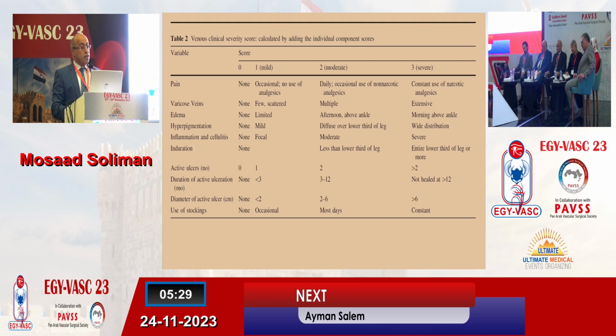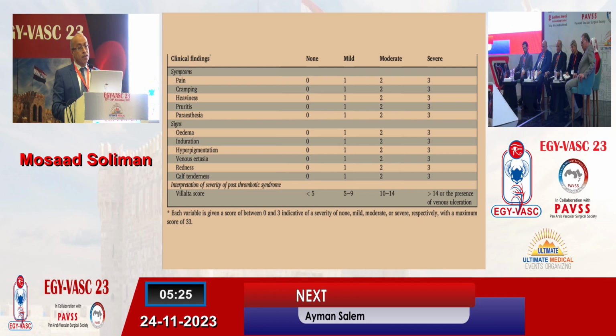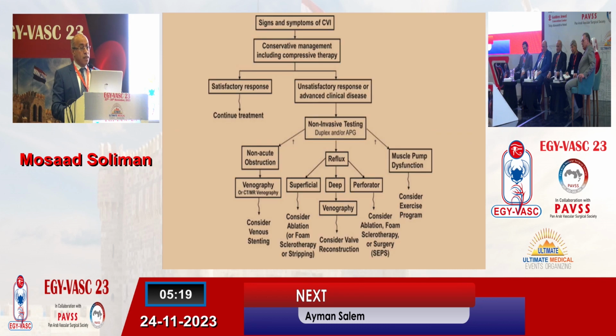Taking the 10 points in the VCSS and the 11 points in the Villalta score, with a highest score of more than 14 or the presence of a venous ulcer, we can go through conservative treatment for the mild and moderate cases, and we can reassess if we don't get satisfactory improvement with the conservative treatment.